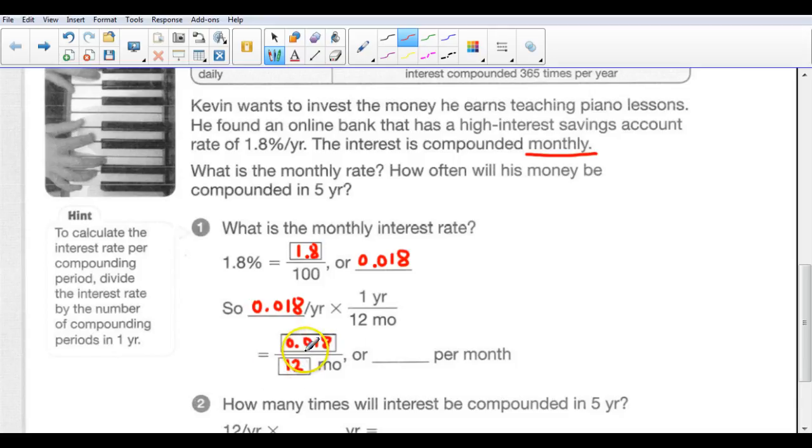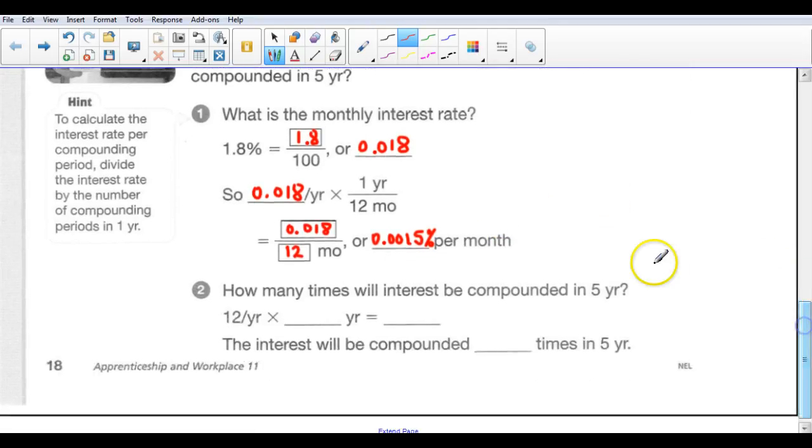That means he's still going to earn 1.8% a year, but they're going to divide it up over 12 months, which means that he's going to earn 0.0015 per month. They just broke it up over a 12-month period. It's still 1.8%, or 0.018, per year.